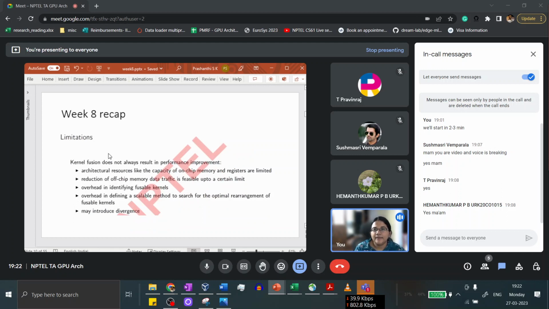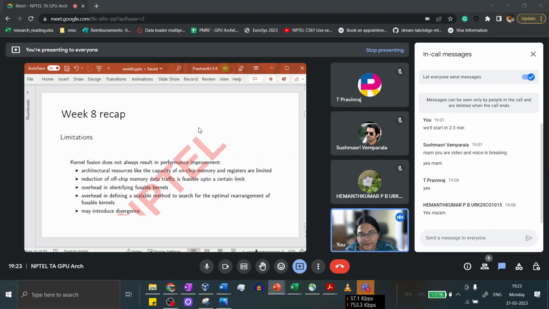Okay, so coming to some of the limitations. Why would kernel fusion not always result in performance improvement? For all of these optimizations, you have to ask yourself: when will it improve performance? When will it not improve performance? Like I always say, it's a combination of your software problem and the hardware you have.